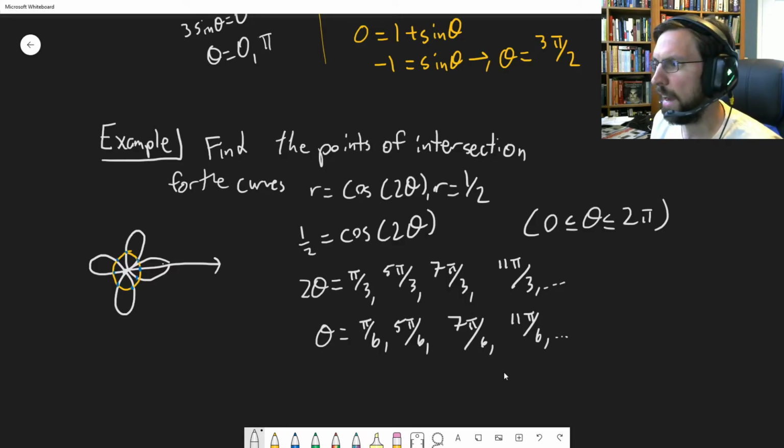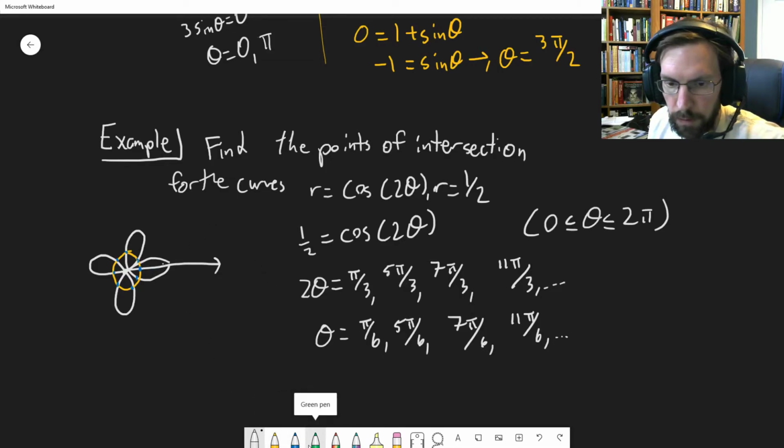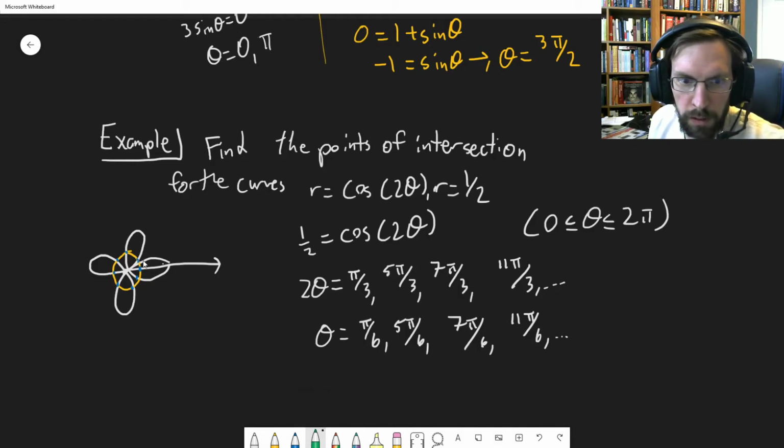But that only covers half of the angles. So we get pi over 6, which should be here. Let's mark these in green. Pi over 6 should be about there, 5 pi over 6 should be that one. I really did a bad job drawing this. 7 pi over 6 should be that one, and 11 pi over 6 should be that one.